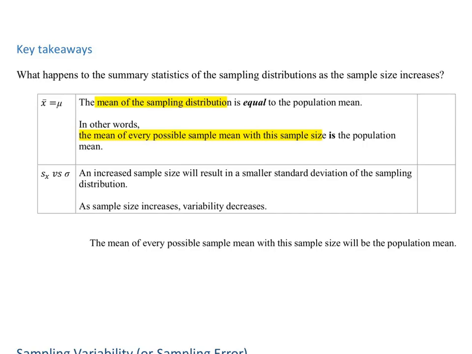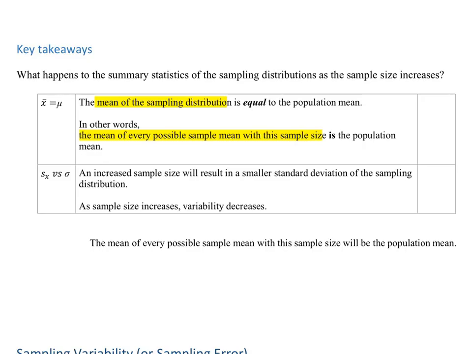Okay, what you should notice is this. Here's the key takeaway. The mean of a sampling distribution is equal to the population's mean. In other words, the mean of every possible sample mean with the particular sample size is the population's mean. The sampling distribution's mean will equal the population mean, and this becomes huge.